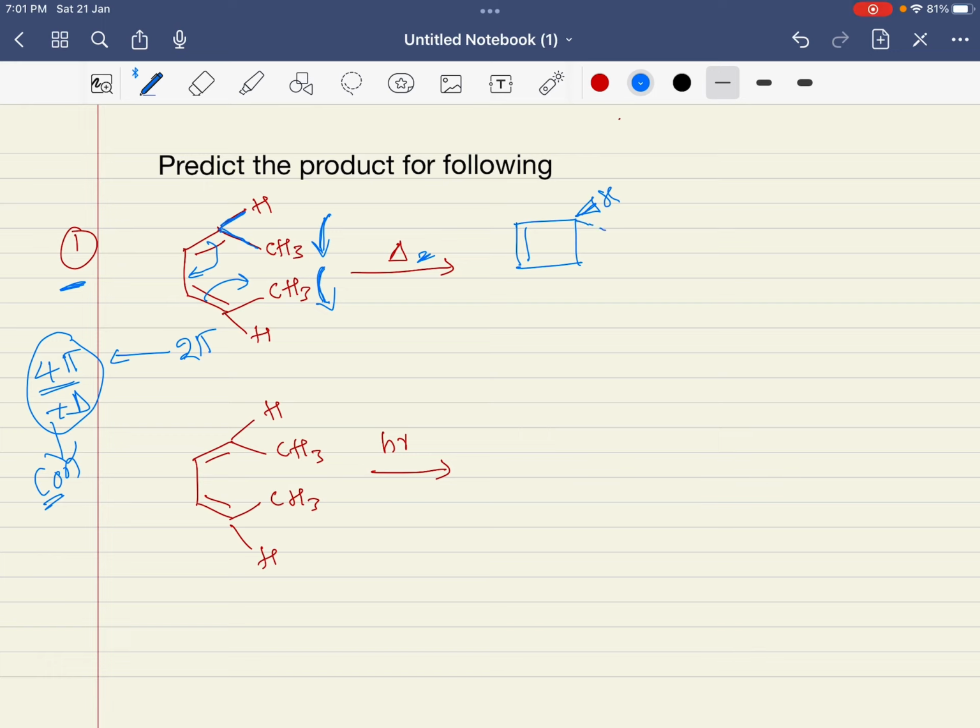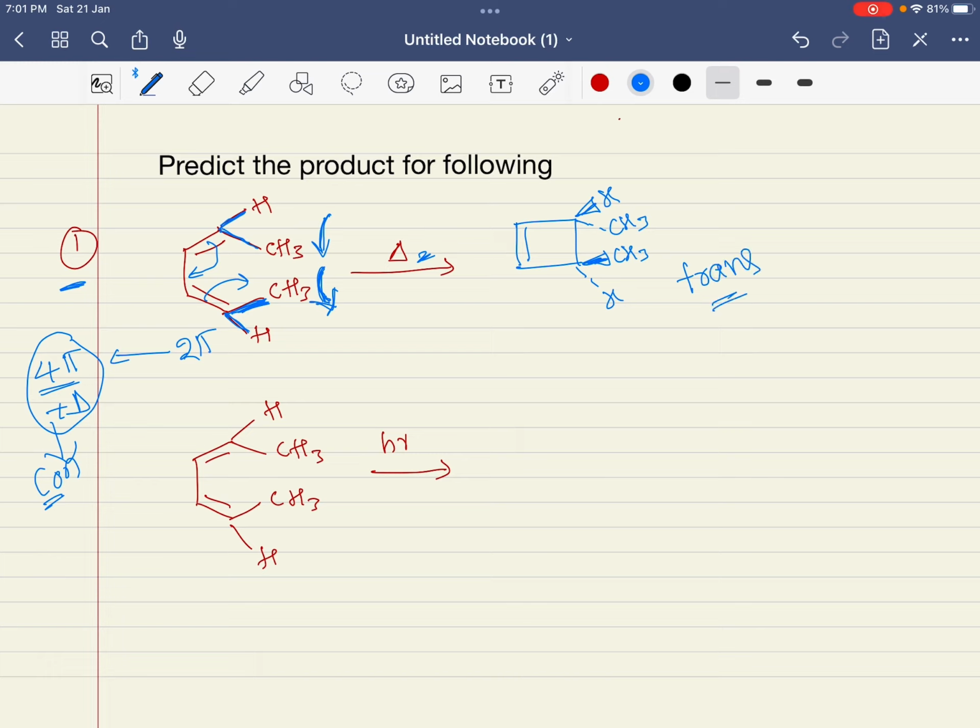Next, we are moving these things. Here we are flipping in this direction, so this CH3 comes above and hydrogen goes below. So the product here is one CH3 above and another CH3 below. The product here is the trans product.